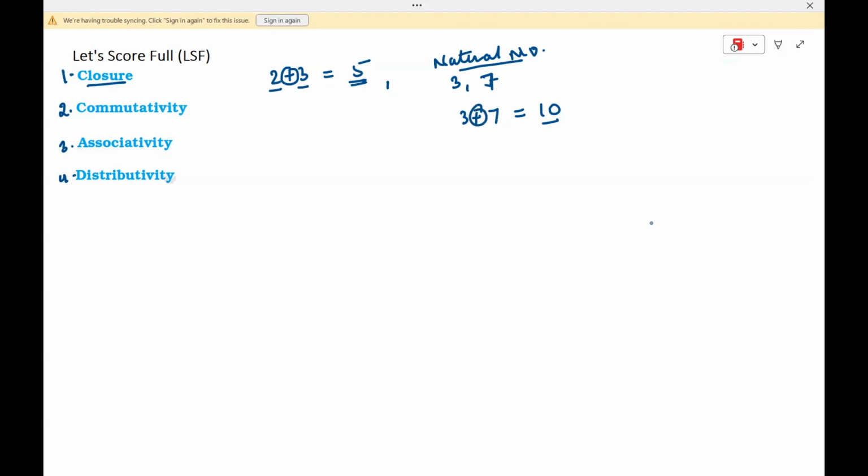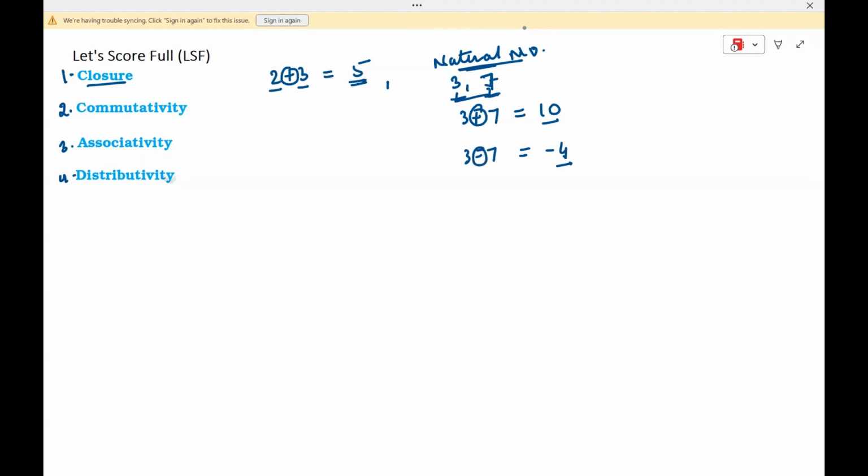Take another example. Suppose again I'm taking 3 and 7, but this time I'm subtracting them. So 3 minus 7 is minus 4. 3 is a natural number, 7 is a natural number, but -4 is not a natural number. It is an integer. So I will say natural numbers are not closed under subtraction.